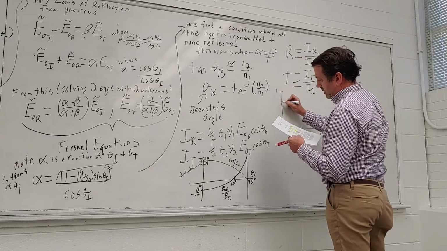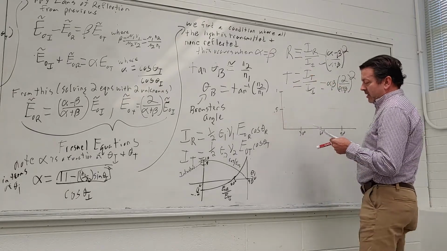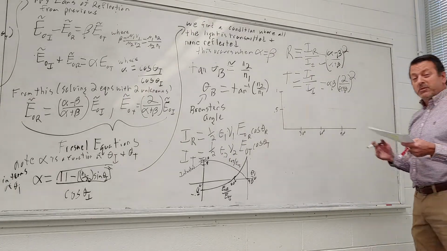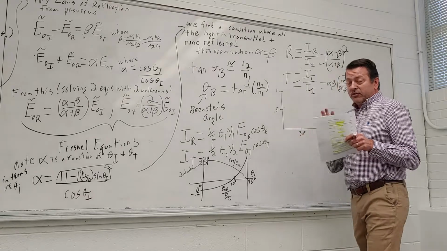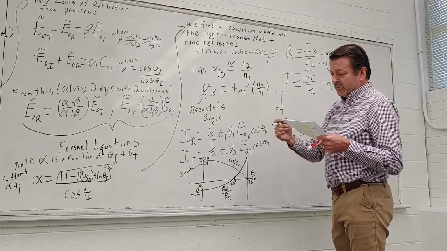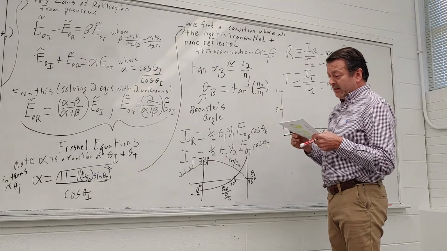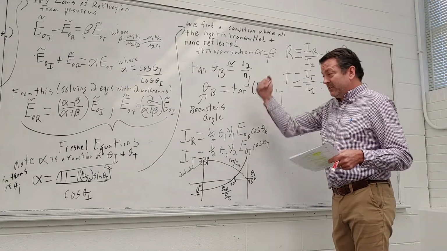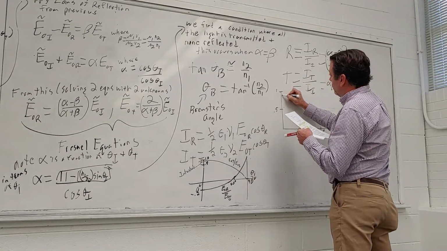Make that 1, and make that about 0.5. What we find is most of the light, we said about 96%, and that's just normal incidence. What we're going to see is that at an angle, most of the light gets transmitted through if it's in this plane. So it's going to start out, say, right about here.